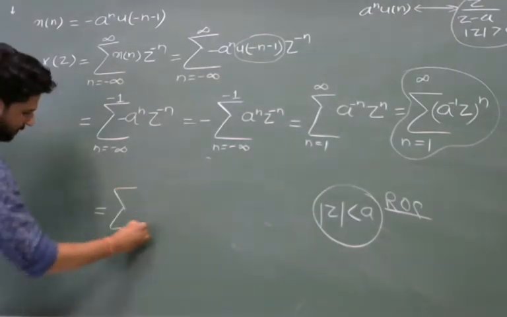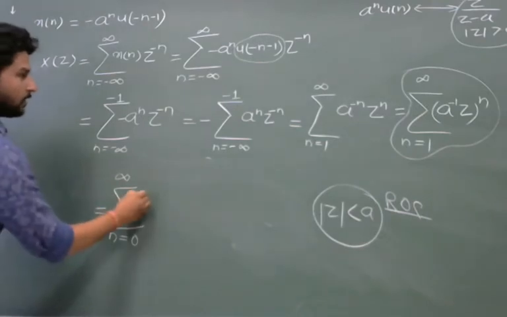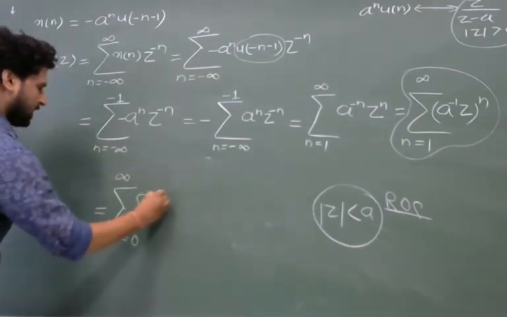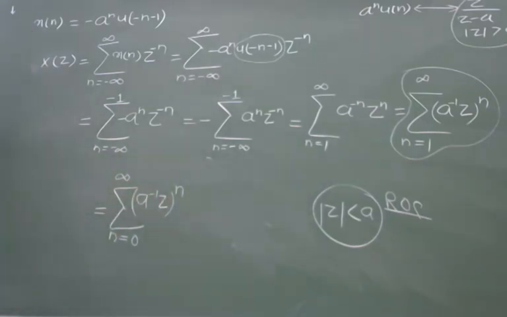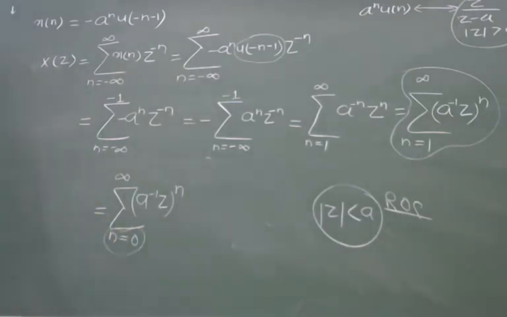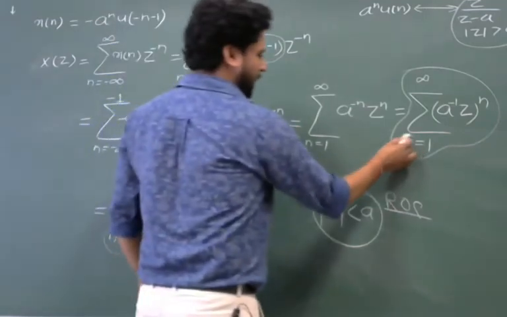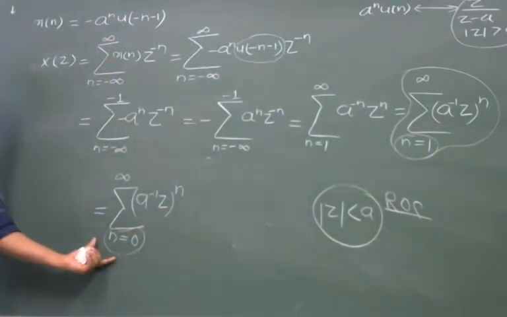So I will put n equal to 0 instead of 1, a power minus n z power n, because I am including n equal to 0 also here. This is starting from n equal to 1, but I am including n equal to 0 also.